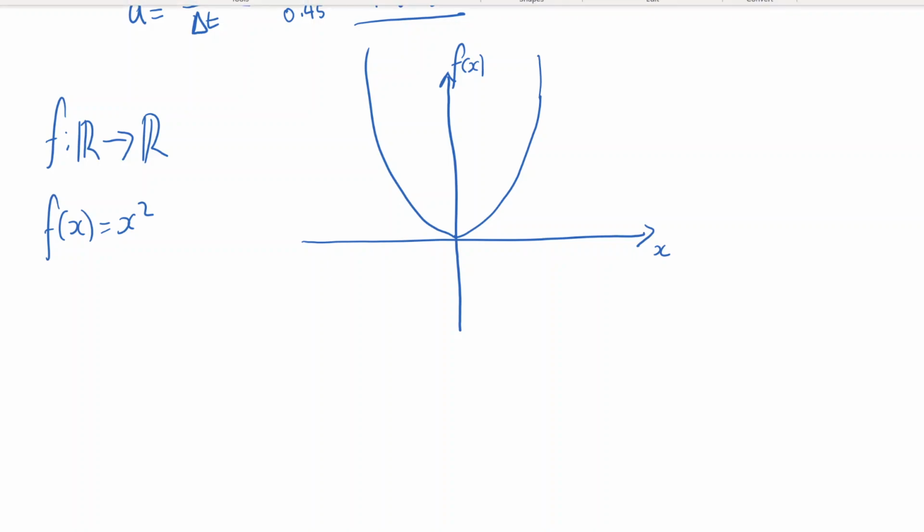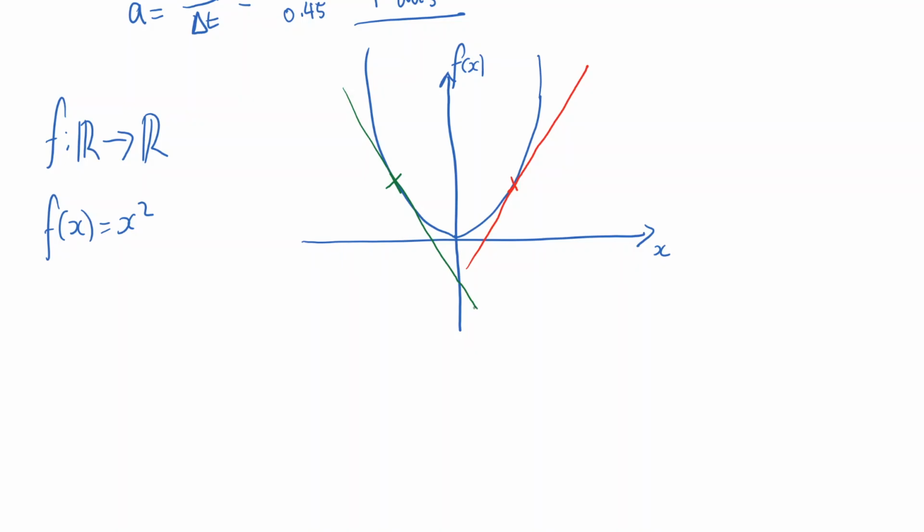Let's have a look. So the rate of change at a certain point, say this point, is just defined to be the gradient of the tangent at that point. So a tangent is just a line that just touches that point. And so let's think of another point, say here, and let's think about the tangent at that point. It's going to be something like that. And it doesn't take a genius to say that these two lines are very different, right? Their slopes are very different.